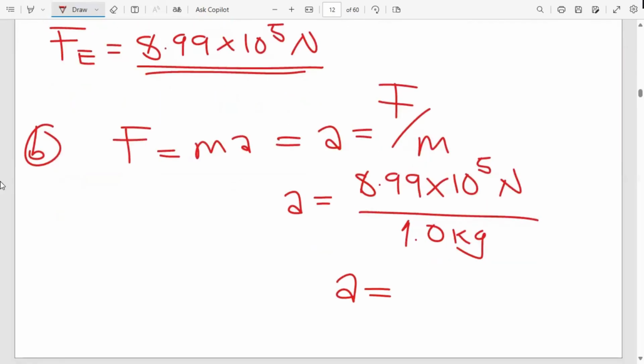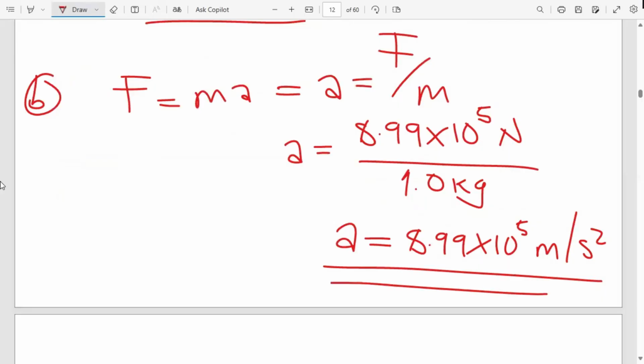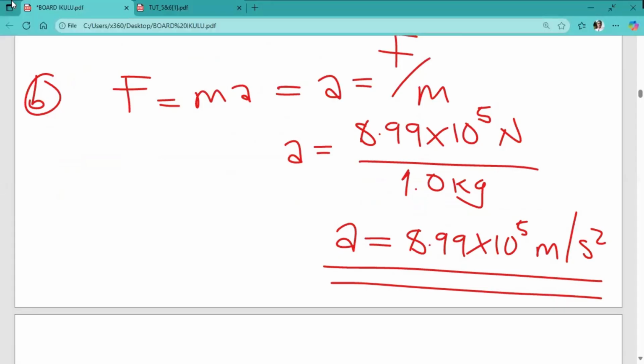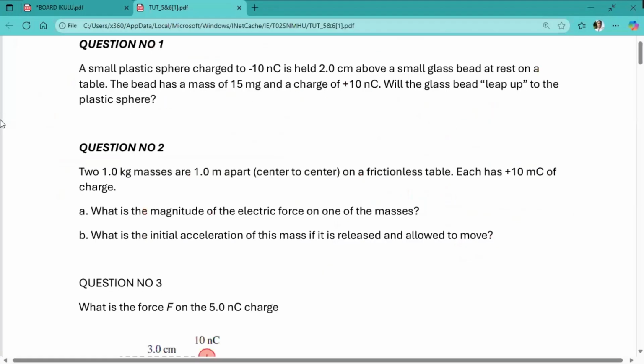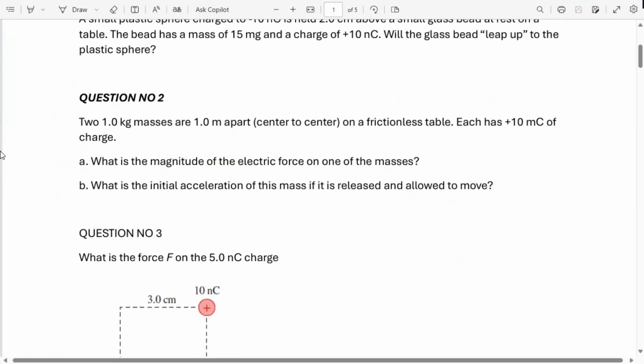Therefore, my acceleration will be equal to 8.99 times 10 to the power 5 meters per second squared. And that, ladies and gentlemen, is the initial acceleration of one mass. So that is that on question 2. We can now move on to question 3.